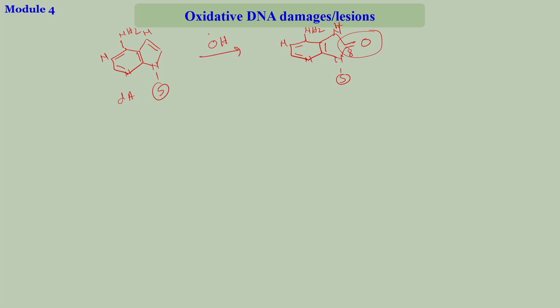If you do the numbering, you will find that this is the 8th position. This is known as 8-oxo, because it is the oxo group, deoxyadenosine or deoxyadenine.